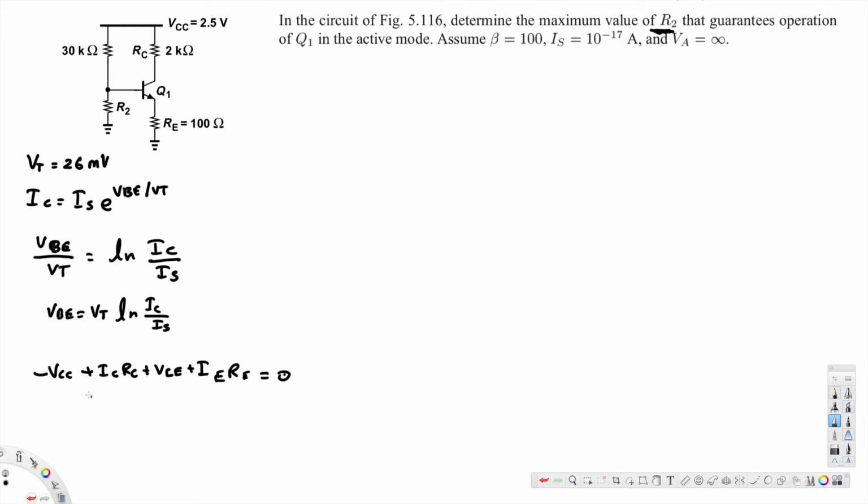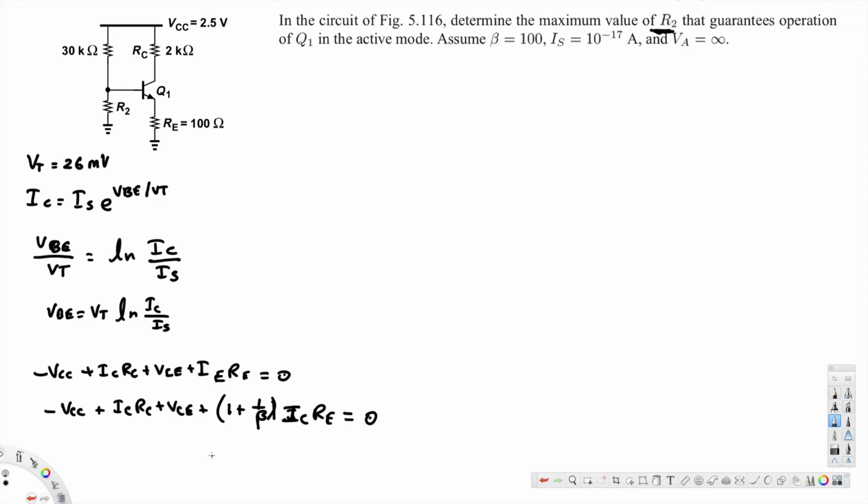We keep this IC as it is, this VCE as it is, and let's rewrite this one: minus VCC plus IC RC plus VCE. Instead of this IE, we are going to plug 1 plus 1 over beta times IC RE, that is equal to 0.